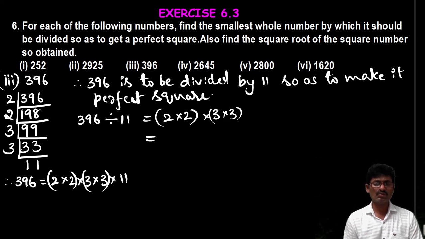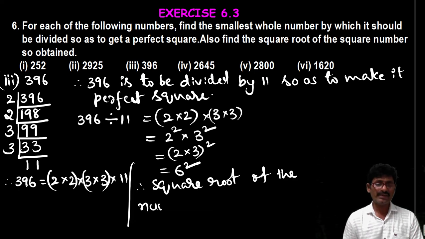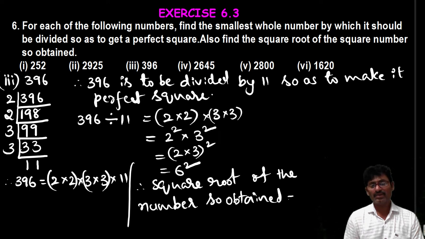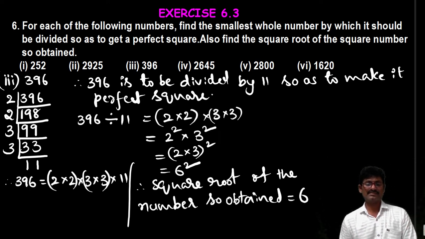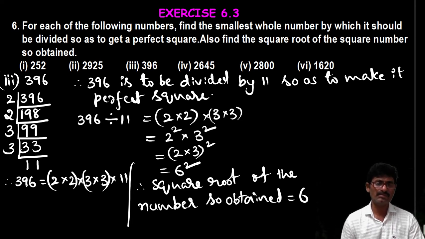So this is equal to 2 square into 3 square, which is 2 into 3 whole square, which is equal to 6 square. So therefore square root of the number obtained is equal to 6. That's it. Let us move on to the next problem.